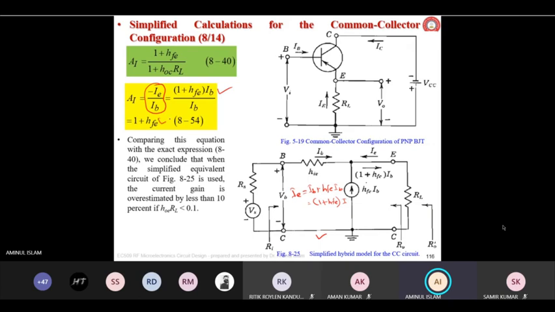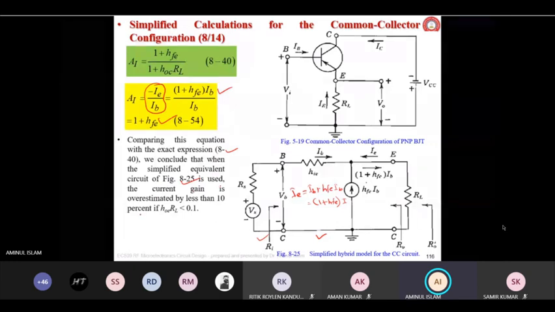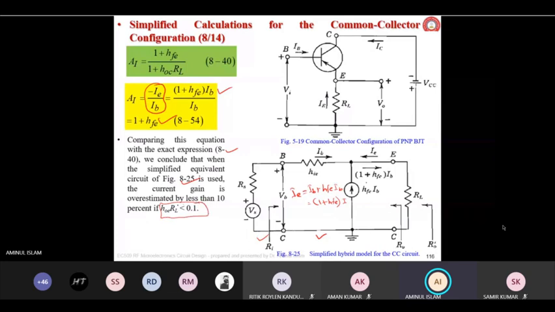Comparing this equation with the exact expression which was derived earlier, equation number 840, we conclude that when the simplified equivalent circuit is used, the current gain is overestimated by less than 10% if this condition is satisfied: HOE RL less than 0.1.